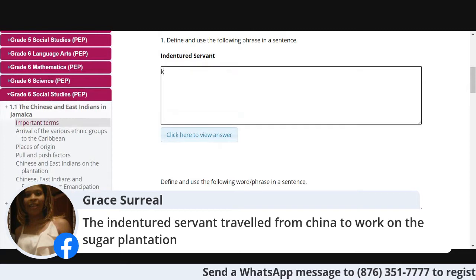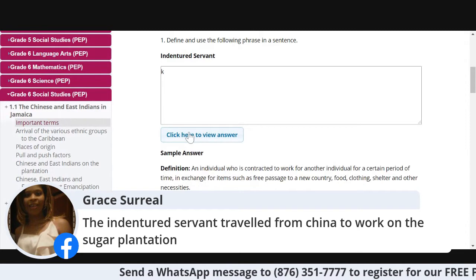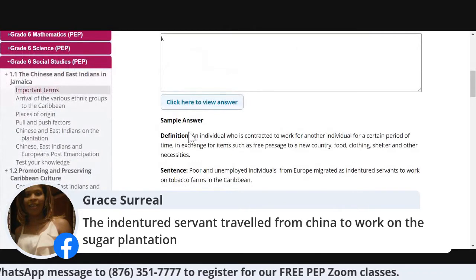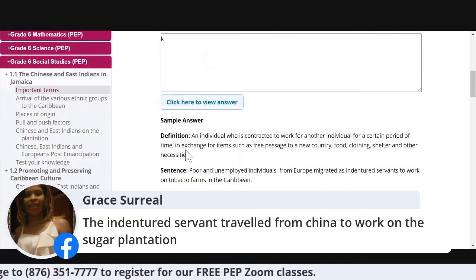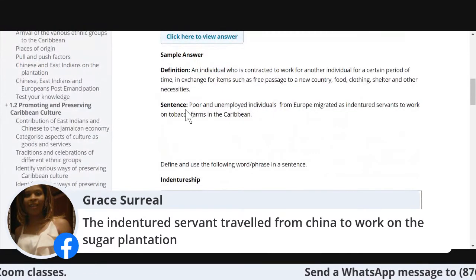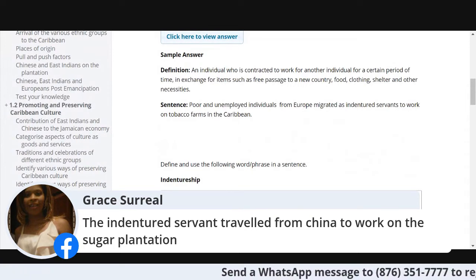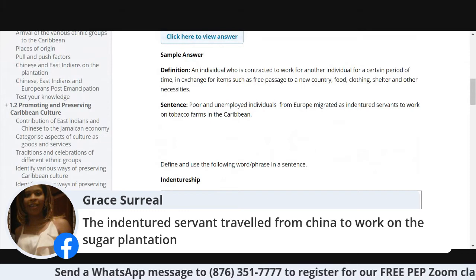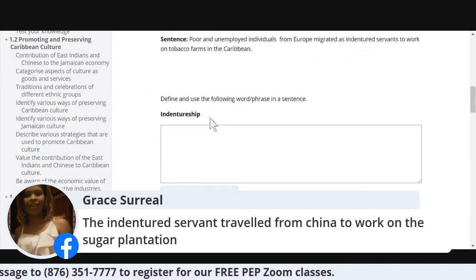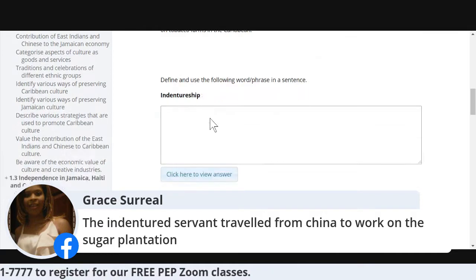Let's see what we have on the Learning Hub. So we have the definition: an individual who is contracted to work for another individual for a certain period of time in exchange for items such as free passage to a new country, food, clothing, shelter, and other necessities. And the sentence is: poor and unemployed individuals from Europe migrated as indentured servants to work on tobacco farms in the Caribbean.